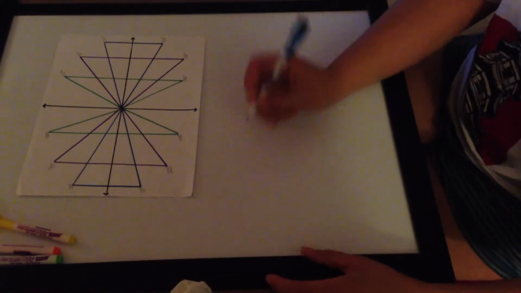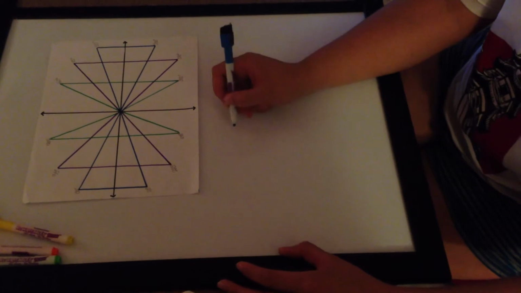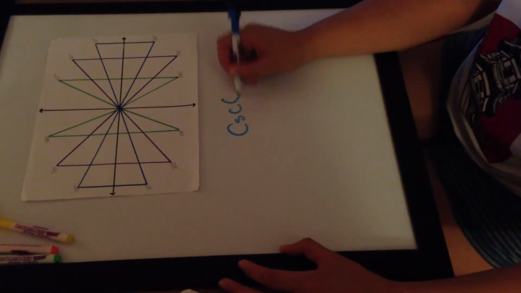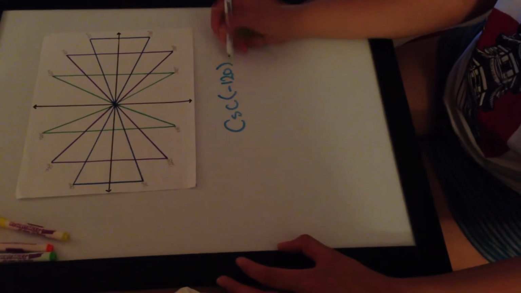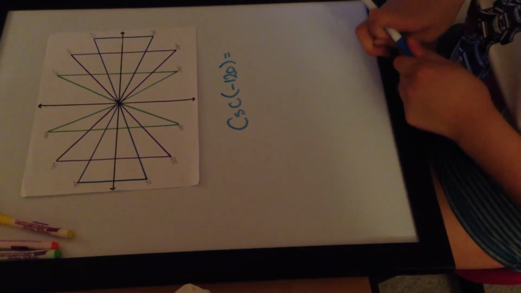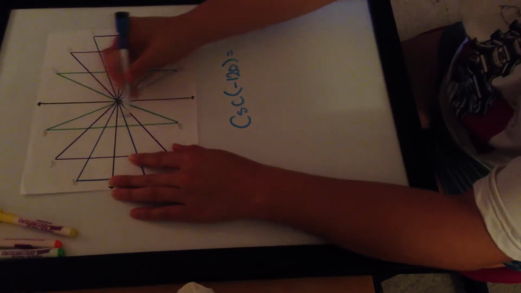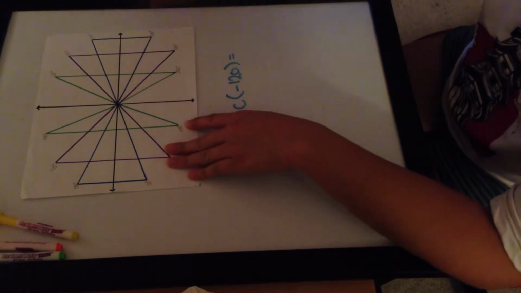We'll also do an example with cosecant and cotangent. Our cosecant one is negative 120 degrees. So if we think back, we're going to go to 120, take our line down, and this will be our negative 120 value.